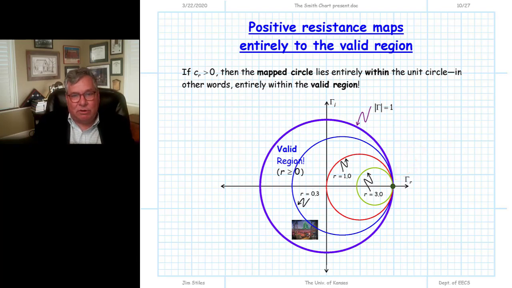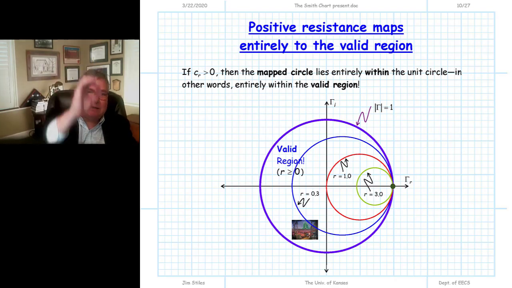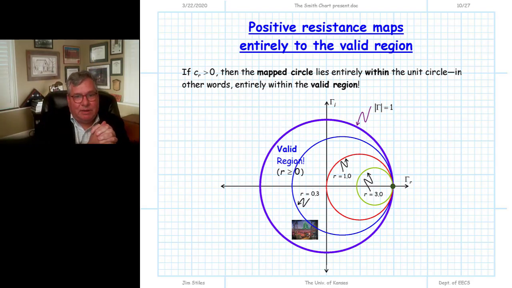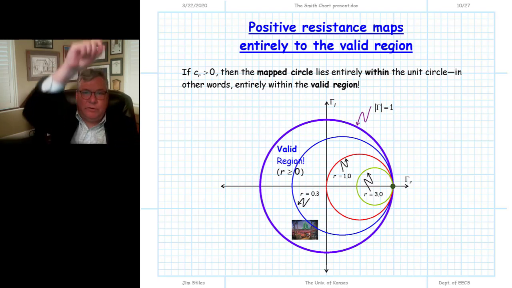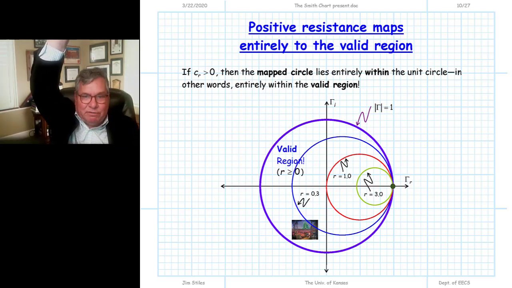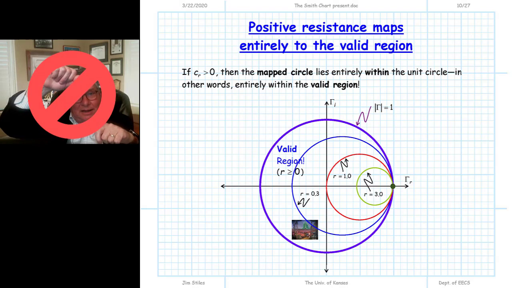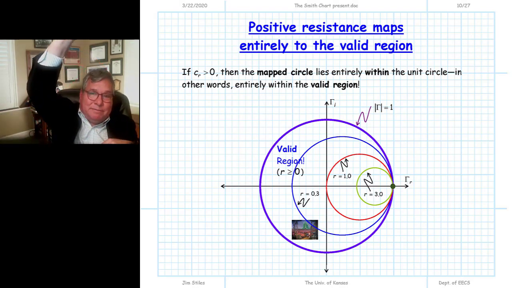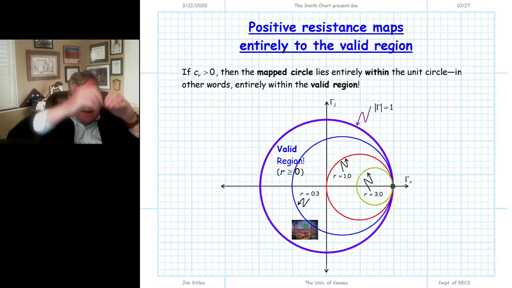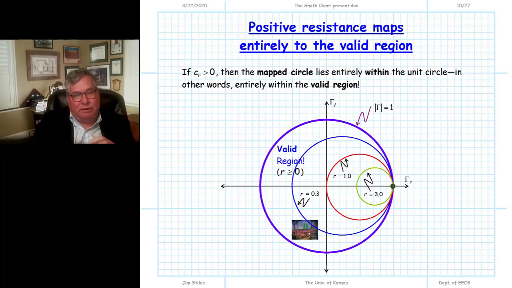Each of these contours on the normalized impedance plane are vertical, and they extend to plus and minus infinity. And we know then, as we move to a positive infinite reactance, or downward to a negative infinite reactance, that those impedances must map to the open circuit point on the complex gamma plane.